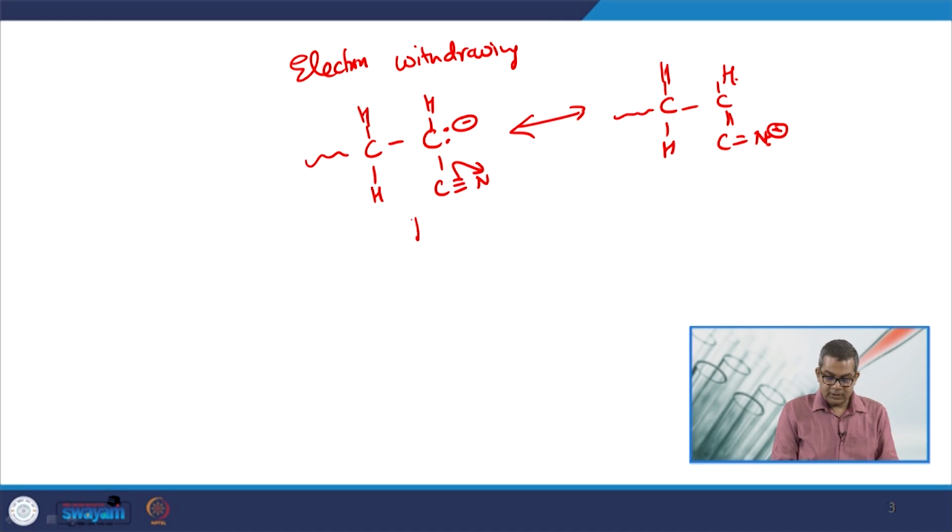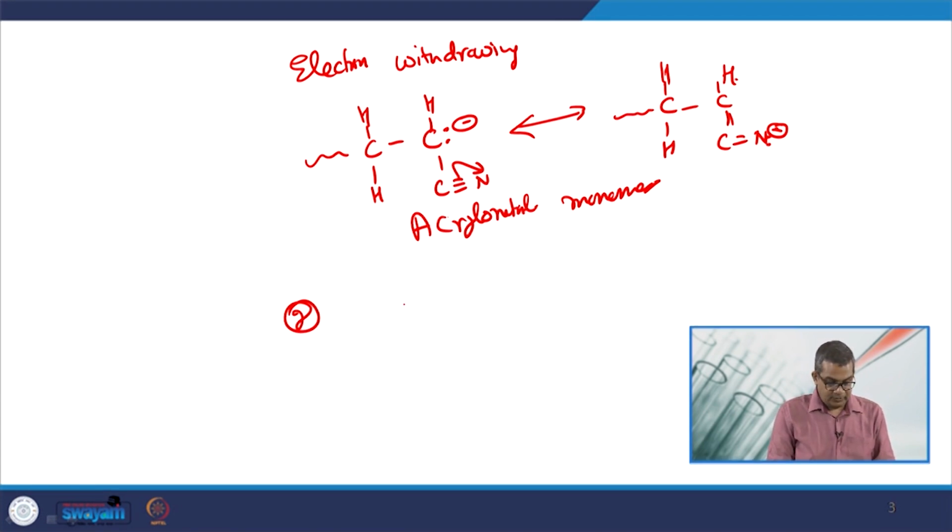And the second example is attributed to the phenyl ring.